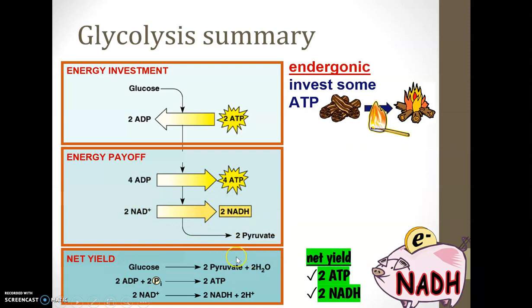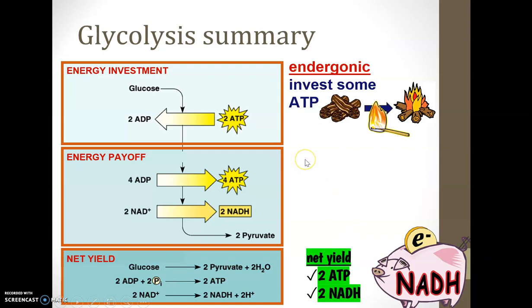So glucose becomes this molecule called pyruvate plus water. We get 2 ATP, 4 in total, but we had to use 2 to break down glucose, so we only end up with 2. And we get 2 molecules of NADH because they helped carry some of our electrons from our glucose breakdown. So this is the net yield and the important stuff.